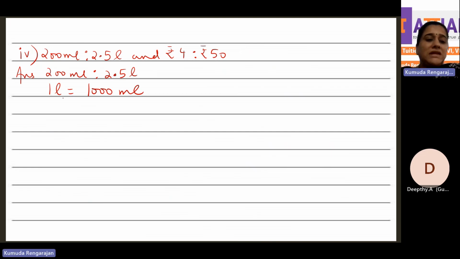1 liter is 1000 milliliters. So 2.5 liters will be equal to 2.5 into 1000. It will be 25 and 3 zeros, but you need to place a decimal point here, right? So it will be 2500 milliliters.